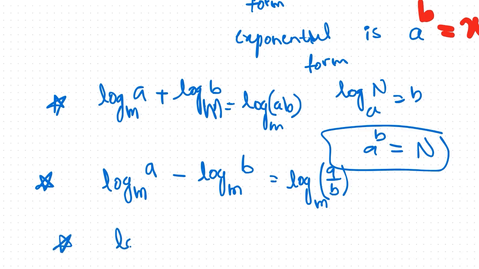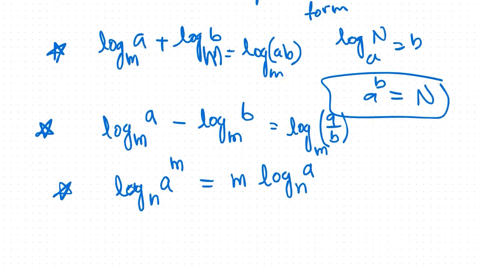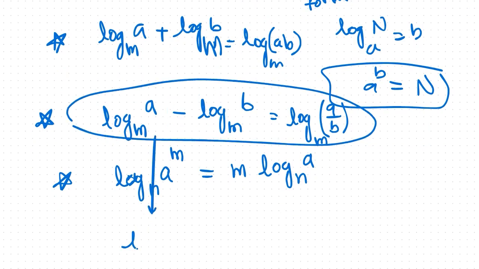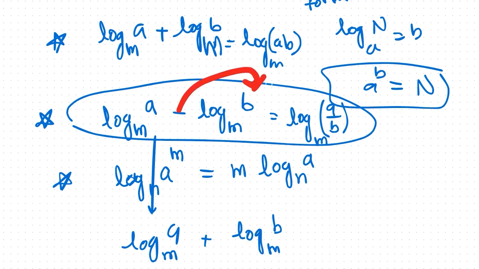And what about log of a power m, base n? It equals m times log a of base n. If you look carefully, if you are trying to prove the subtraction rule, it is log a base m plus log b base m, where the negative 1 goes to the exponent, b inverse.